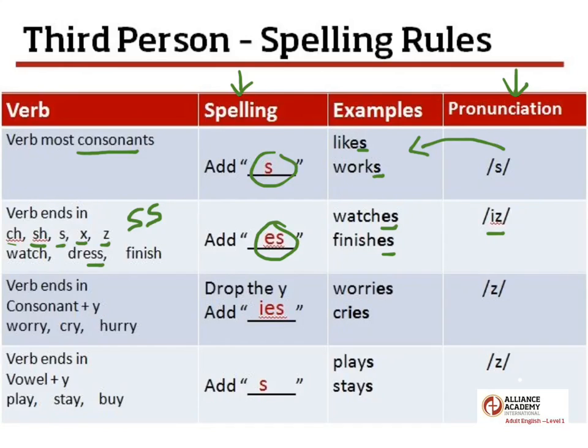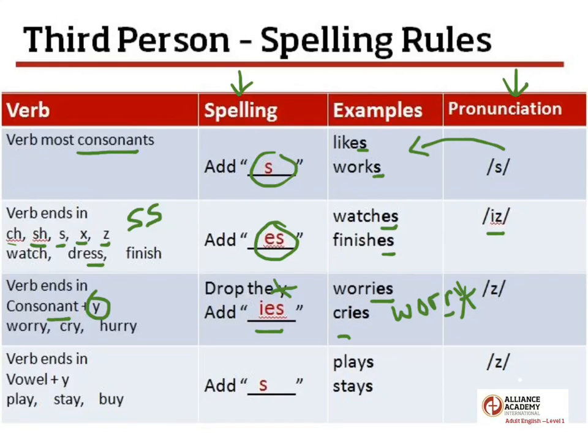All right. Now, the other important one to remember is that if the verb ends in a consonant plus the Y, we need to drop the Y and we need to add IES. For example, the word worry originally had a Y, but we drop it when we have a consonant and a Y, and it becomes worries.